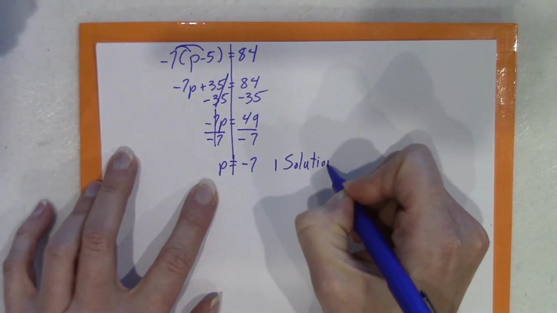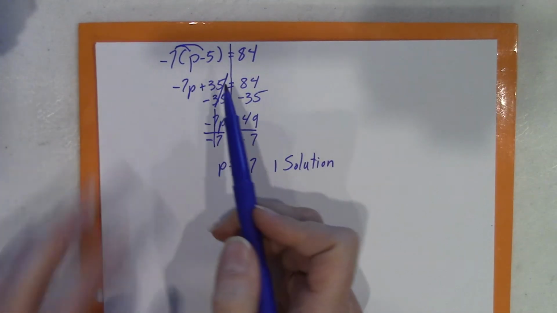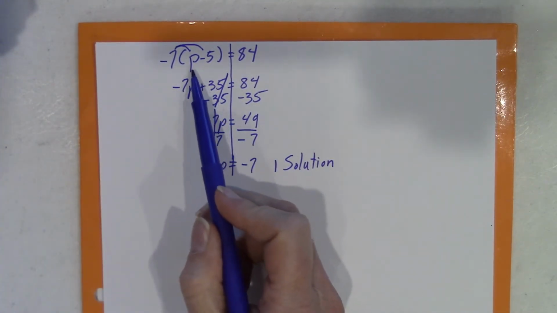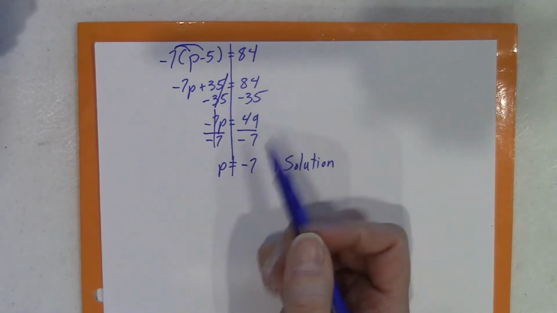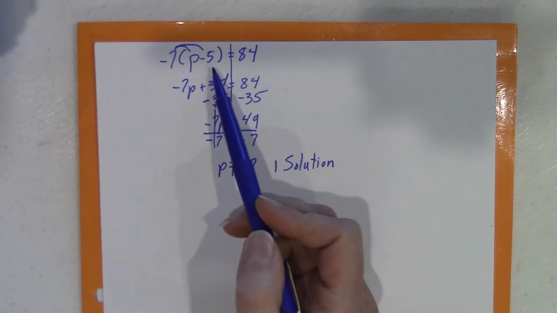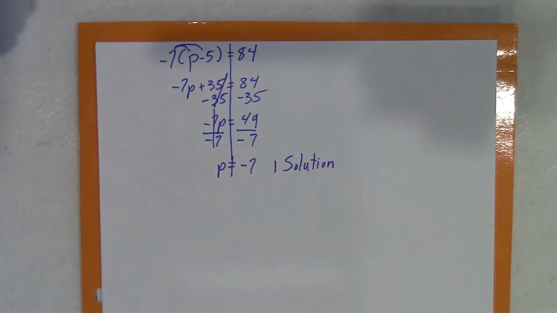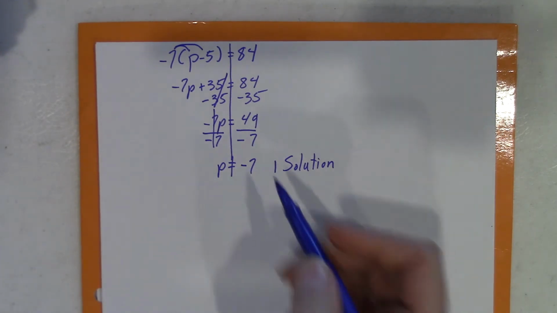There's one solution to this problem. If I plug -7 back in for p and subtract and multiply that out, I'm going to get 84, because -7 minus 5 gives me a -12 times -7 is a positive 84. So I know that is my solution.